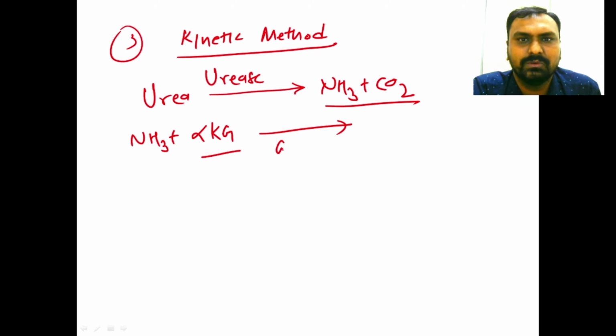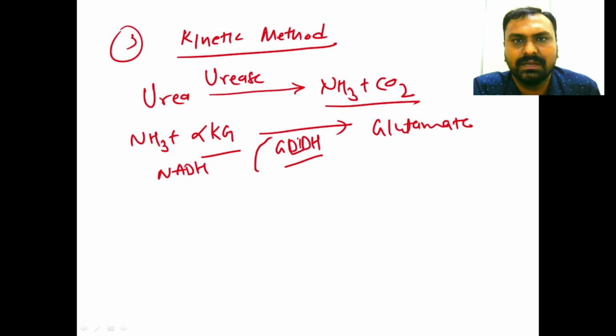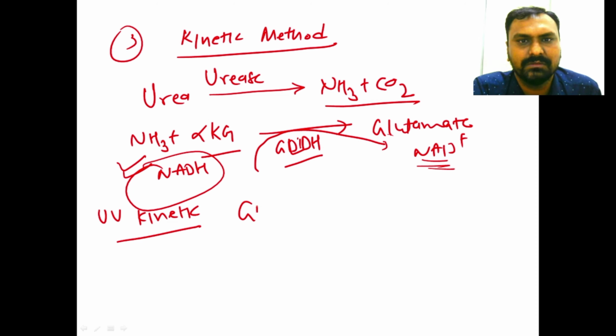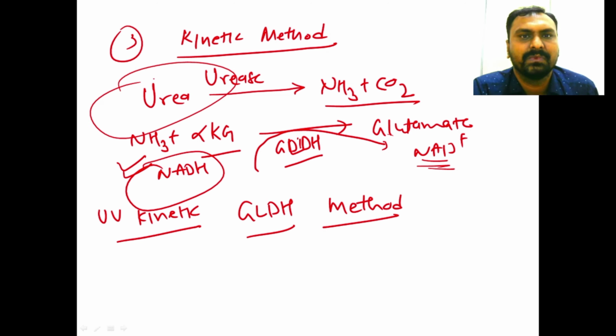Okay, the enzyme is glutamate dehydrogenase, to form glutamate, and here NADH is converted to NAD. Okay, so we measure the rate of conversion of NADH to NAD, and this method is the UV kinetic GLDH method, glutamate dehydrogenase method. That is a kinetic method for estimation of urea.